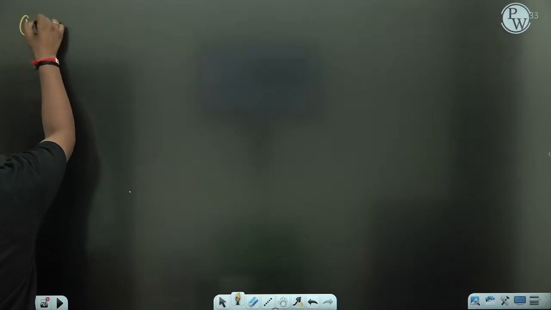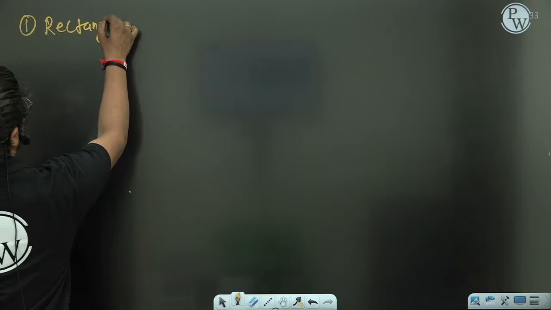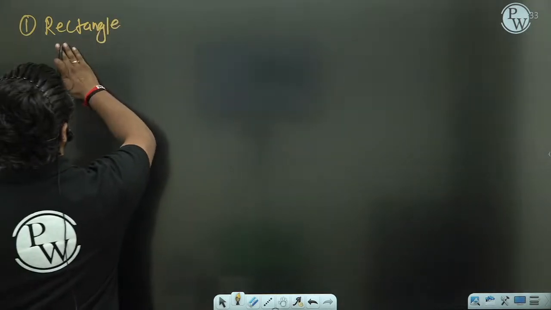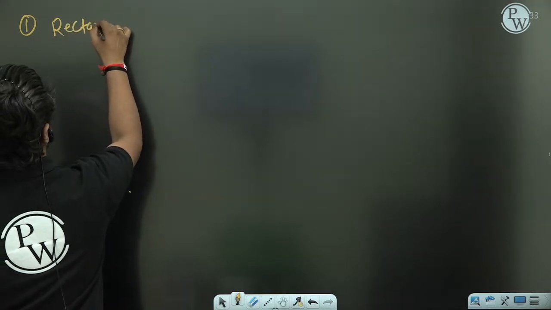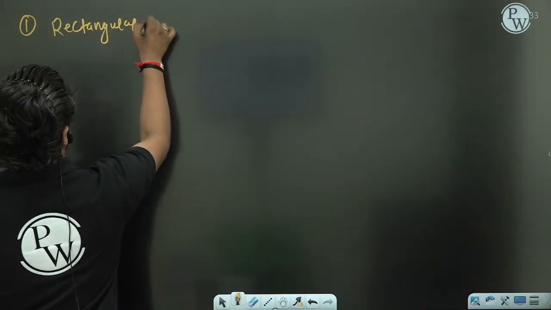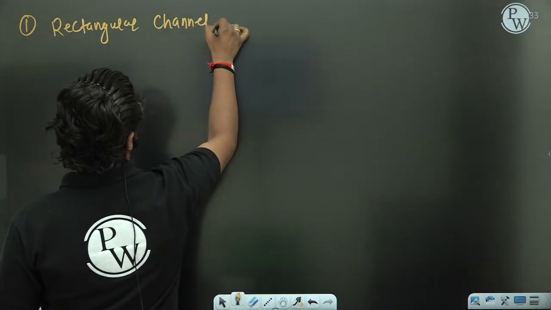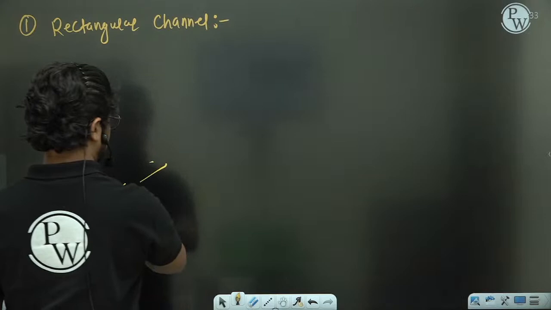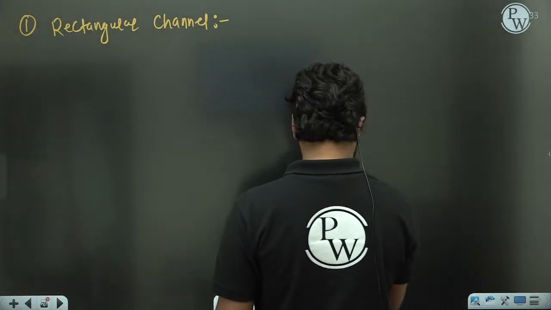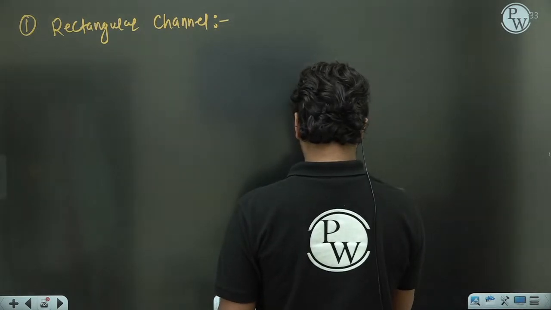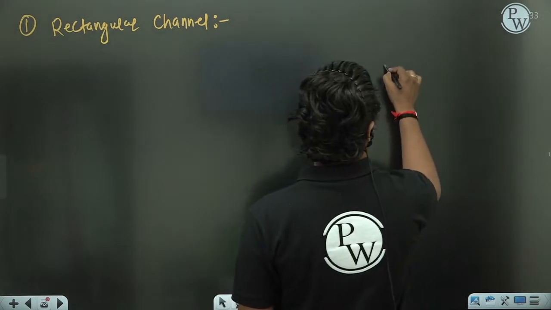First is the rectangular section. First one I will be teaching you is the rectangular section, a rectangular channel. So this is the channel.